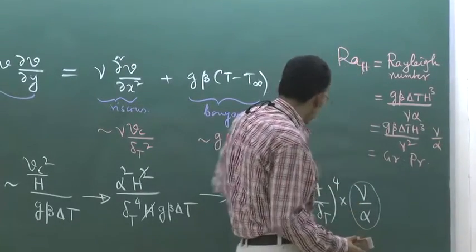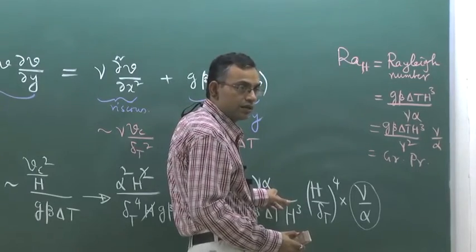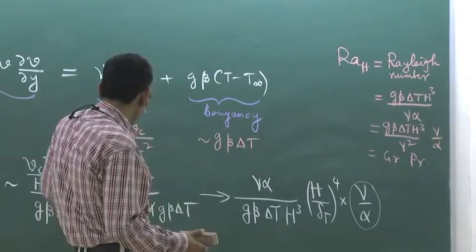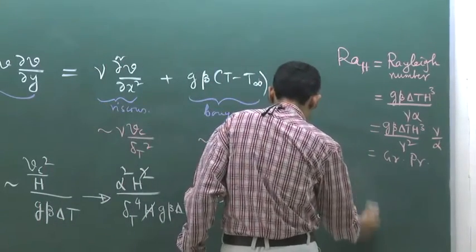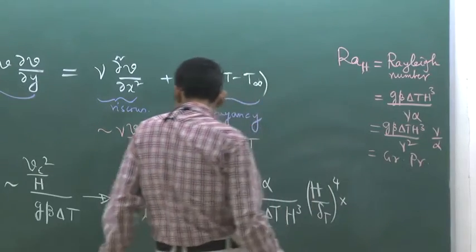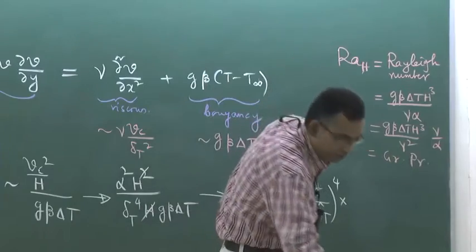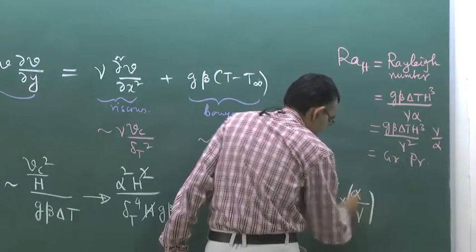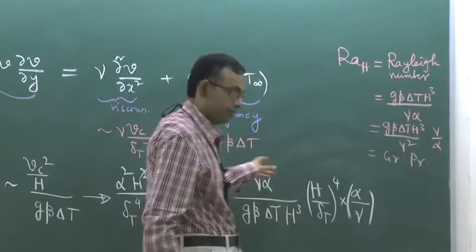I am just writing this one g beta delta t h cube by nu alpha. Oh, this term we were talking about. So alpha by nu, sorry, not nu by alpha, right, alpha by nu. But I am just talking about this Rayleigh number, this term.